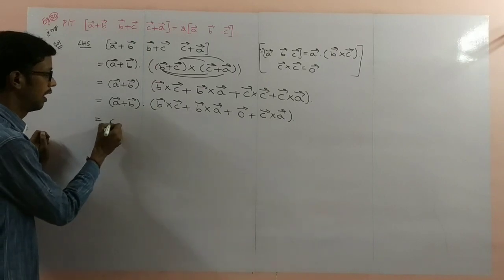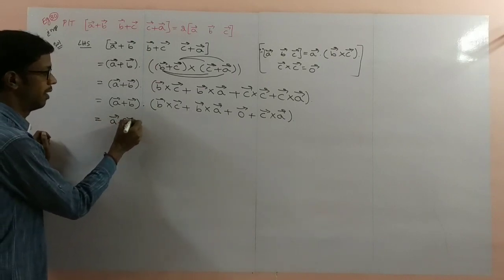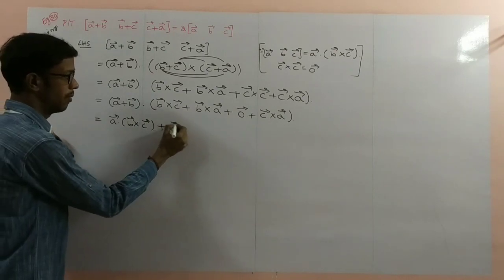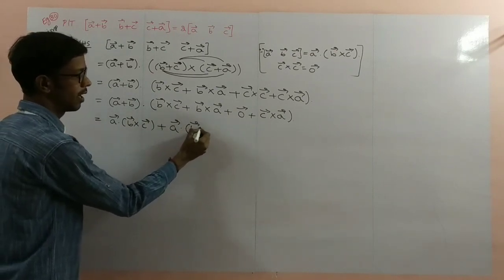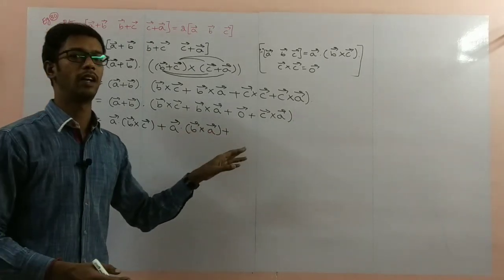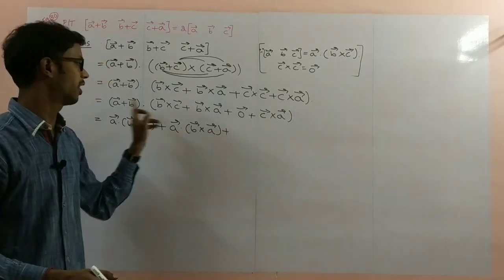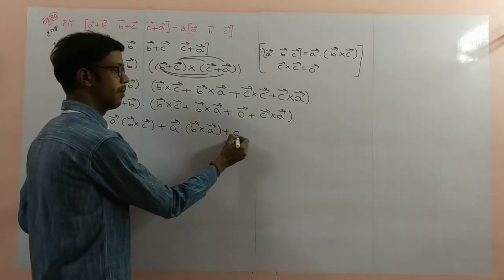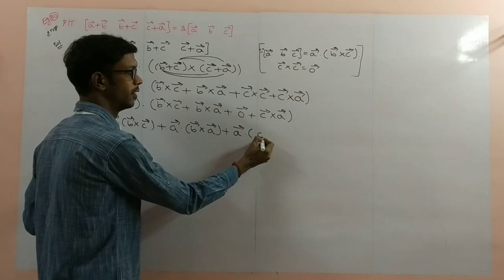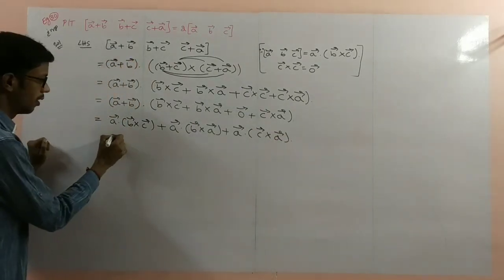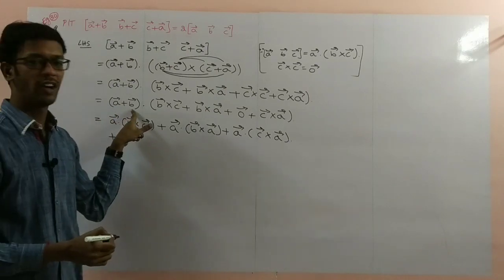So now A bar dot of B bar cross C bar plus A bar dot of B bar cross A bar plus 0 vector. No need to multiply here, because any vector multiplied with the 0 vector is a 0 vector. Plus A bar dot of C bar cross A bar, plus next the B bar vector will start.